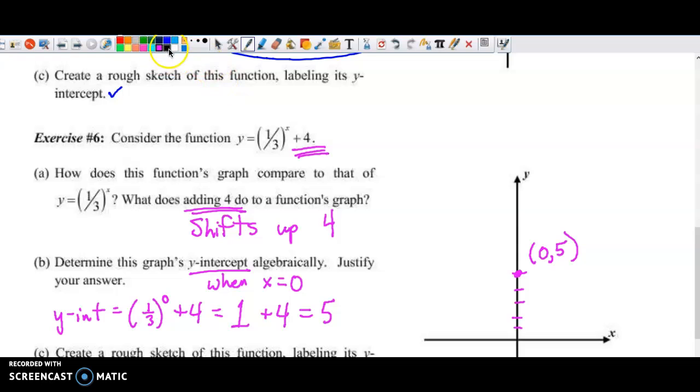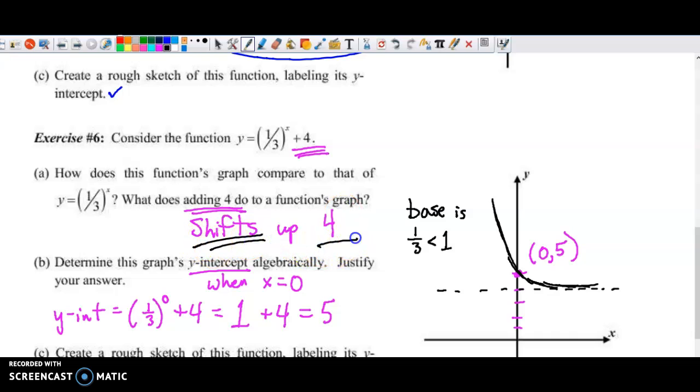Now, the other thing that's a little bit different is that this base is 1/3, which is less than 1, but this time with it being exponential decay going down and to the right, instead of not crossing the x-axis, it's actually not going to cross the line y equals 4. Why is it not going to cross y equals 4? Because it was shifted up 4 units.